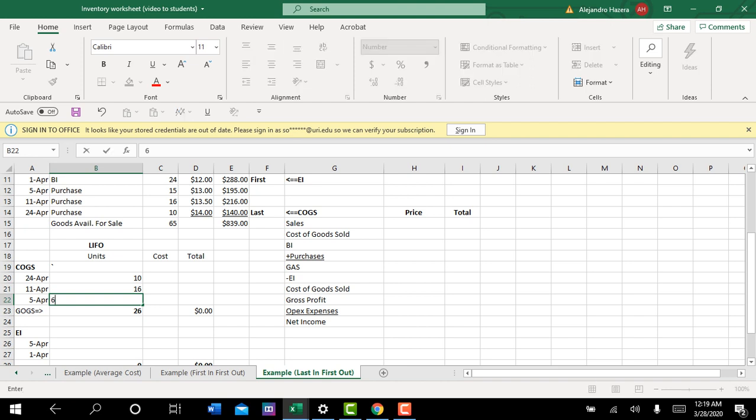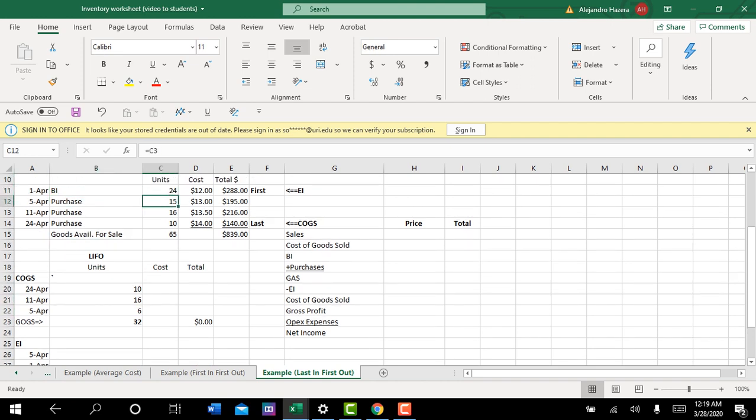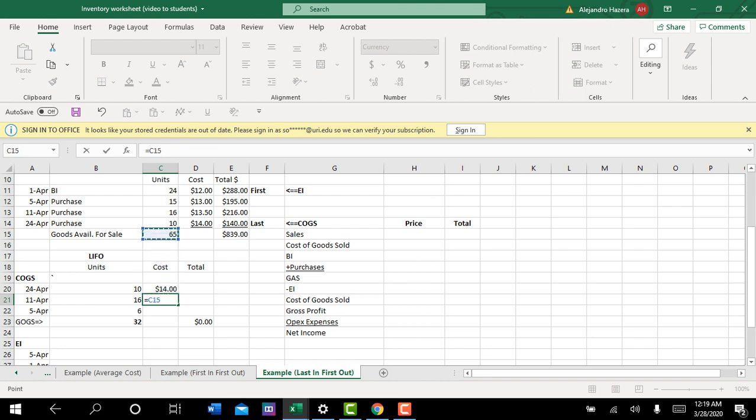Okay, so now all we've got to do is put in our costs. These units came in at $14 a piece. These units came in at $13.50, and the April 5th units came in at $13. Go ahead and extend these out.